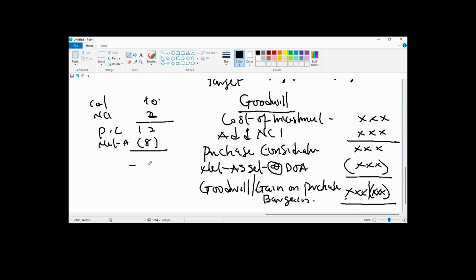So when I less it, it will give me what? Goodwill of 4. So it is the difference between the purchase consideration and the net assets. But if the purchase consideration is 15 and the net asset is 20, this will give me what? Gain on bargain purchase, negative goodwill of 5.